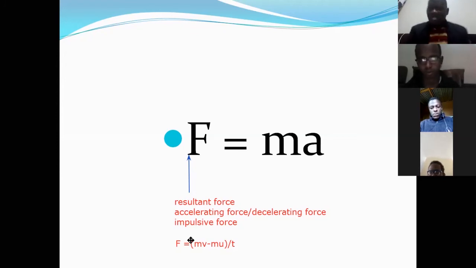Why do they flex? To prolong the time of impact. When making the time of impact longer, the impulsive force will be less. So those are the kind of questions on Newton's second law of motion, application questions.